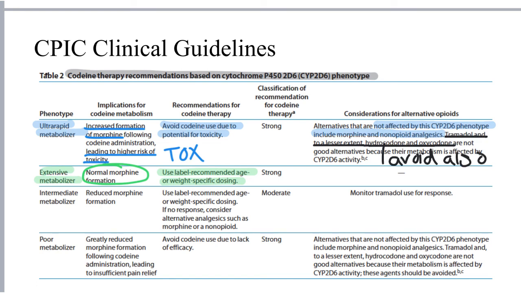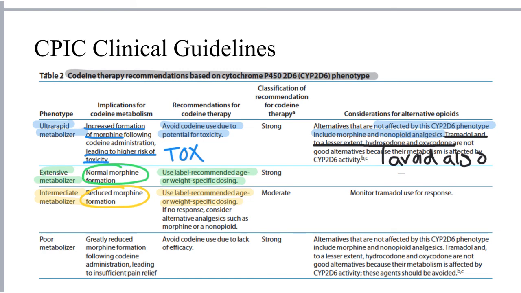Next, we will look at the intermediate metabolizers. Again, these are individuals that convert codeine to morphine slightly slower than normal, so there is reduced formation of morphine. However, this reduced formation is not typically clinically relevant, and so you can still use label recommended age or weight specific dosing.